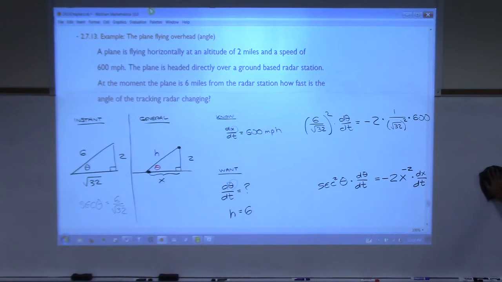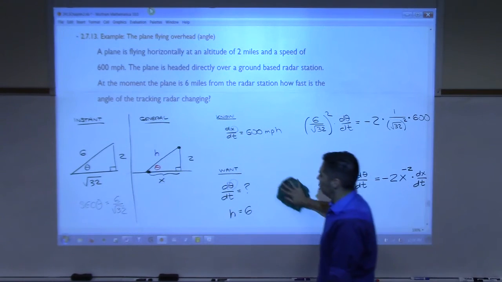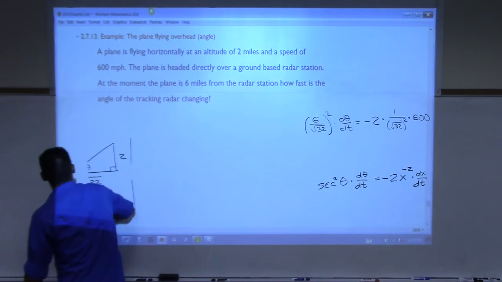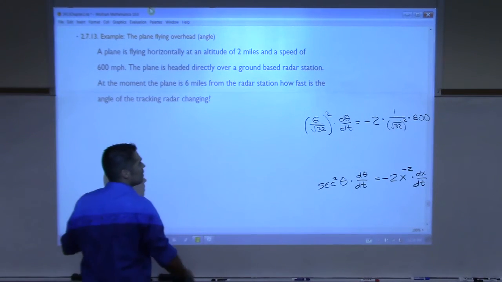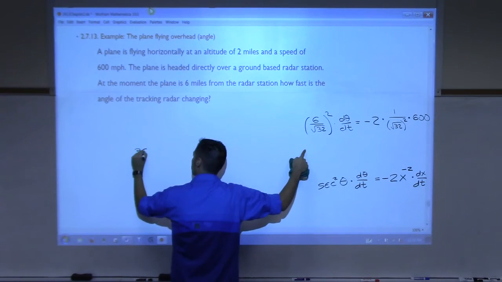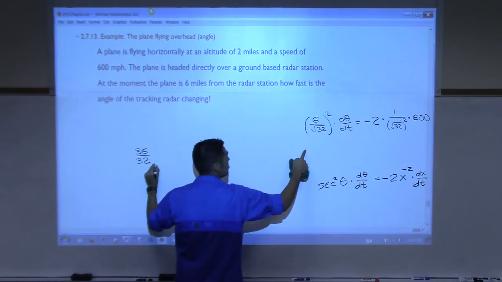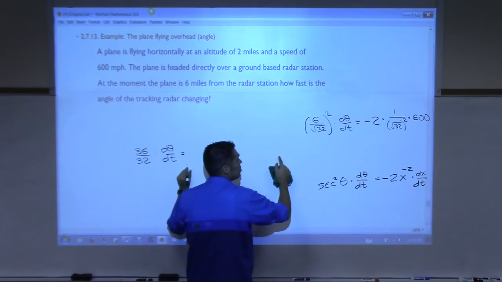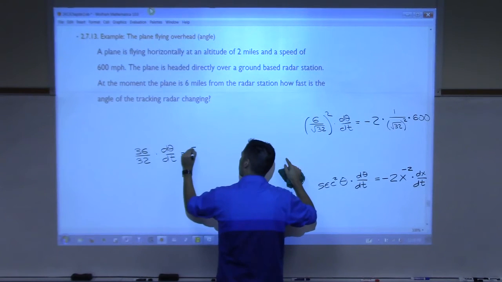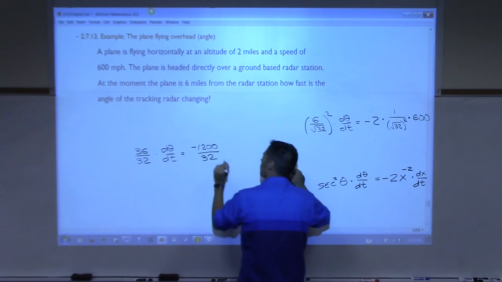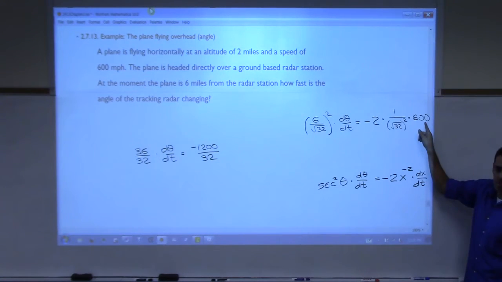Square that, we get 36 over 32 d theta dt equals negative 1200 over 32. I just put negative 2 times 600, right? I squared the square root and it went away.